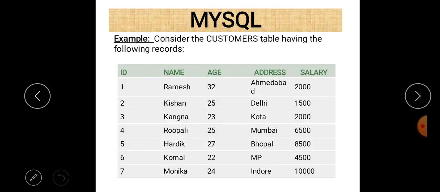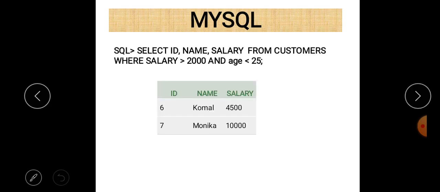So now again there is a table named customers which has 5 columns: id, name, age, address, salary. If the condition is that salary must be greater than 2000 and age of the customer is less than 25, so we want to show only the data of the customers who have salary greater than 2000 and who have age less than 25.